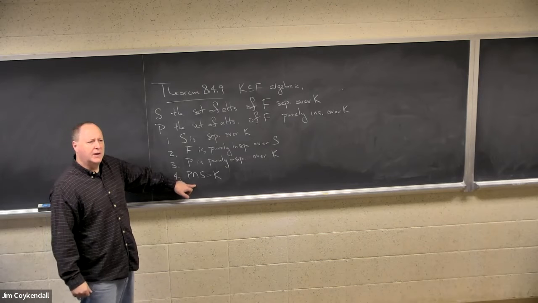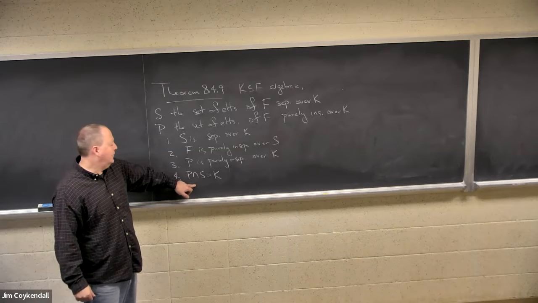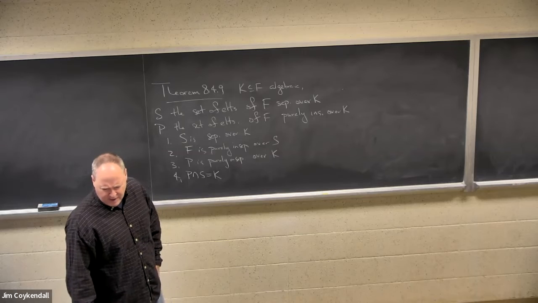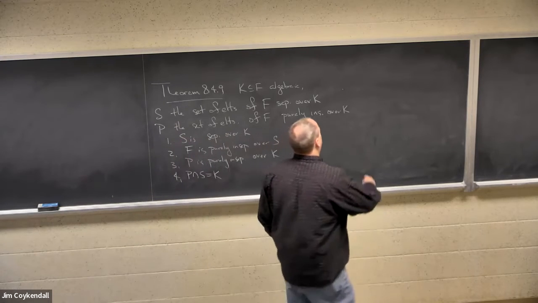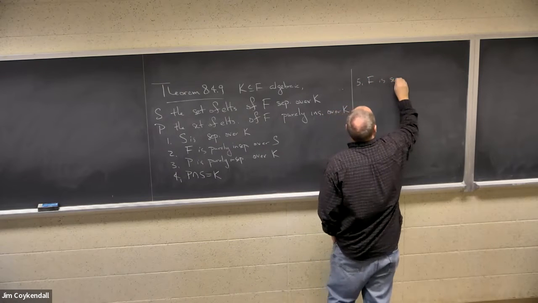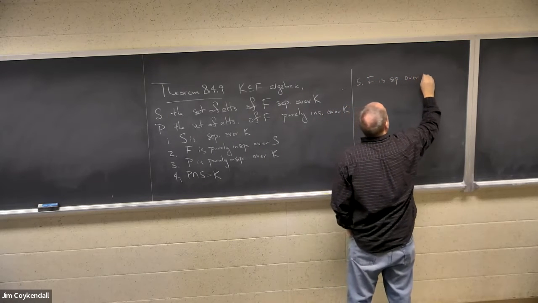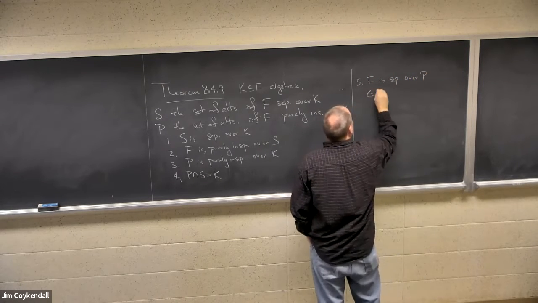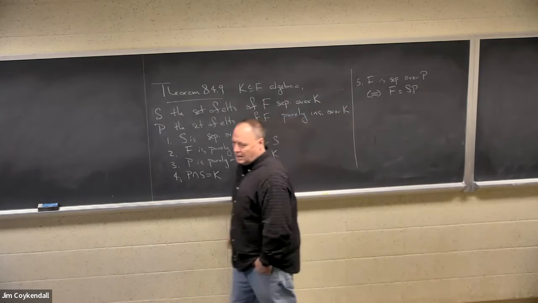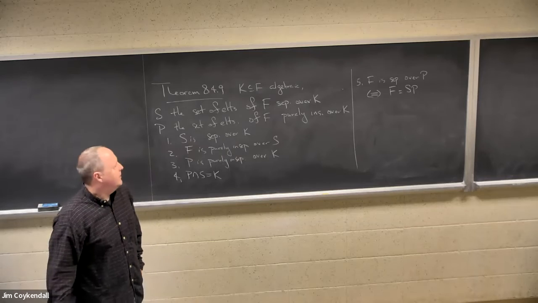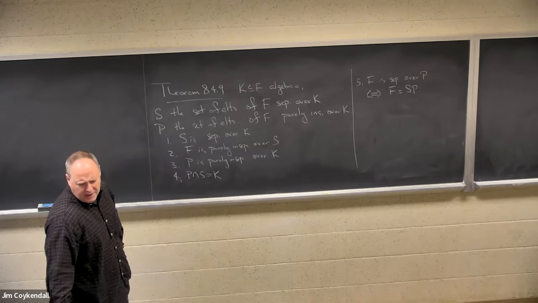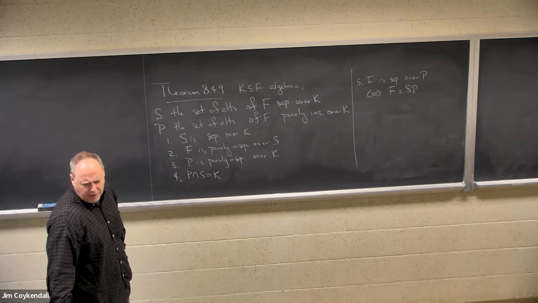Actually, we saw this one last time, because the elements that are purely inseparable and also separable are exactly the ground field. Five, F is separable over P if and only if F is SP. So that is to say, if all of F is generated by S union P, then F is separable over P.